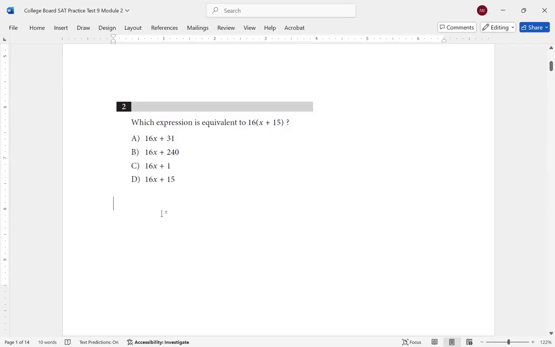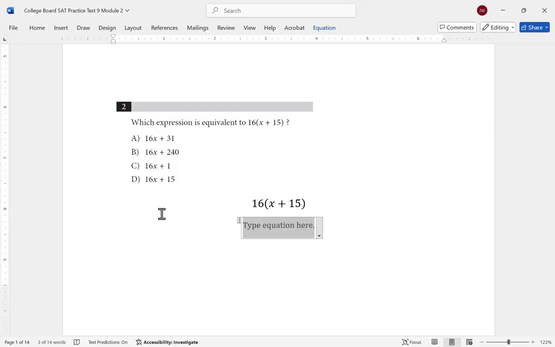Question 2. Which expression is equivalent to 16 times, in parentheses, x plus 15? Well, all we have to do is take that 16 and use the distributive property. I would multiply it times both terms inside the parentheses.